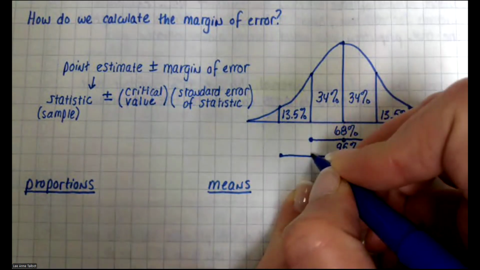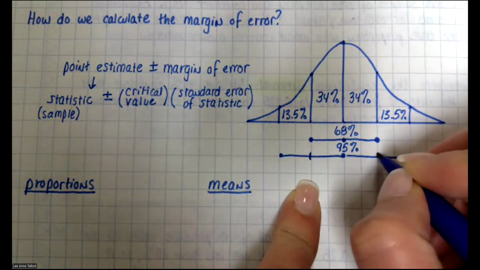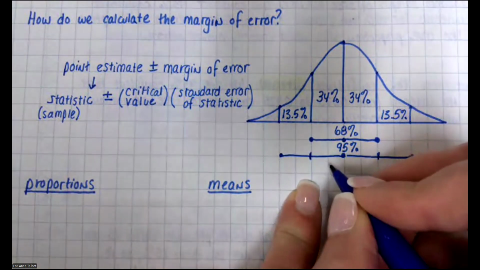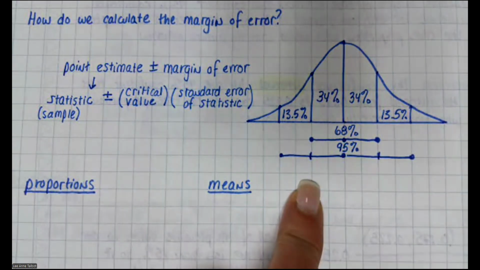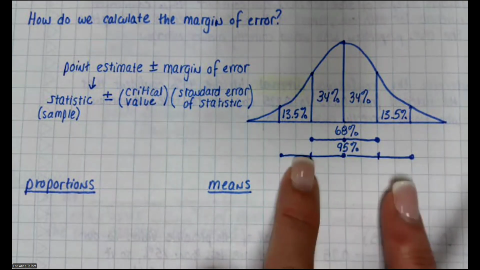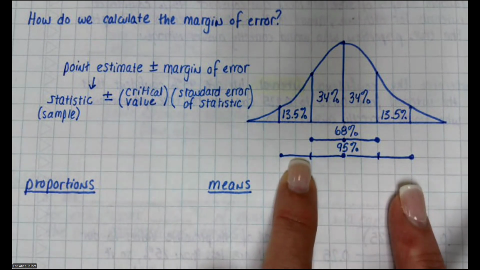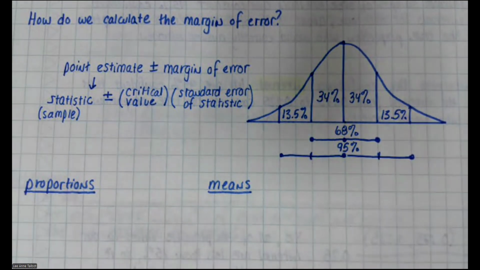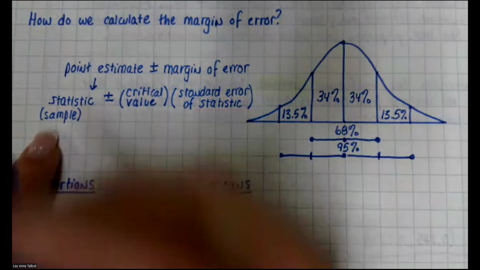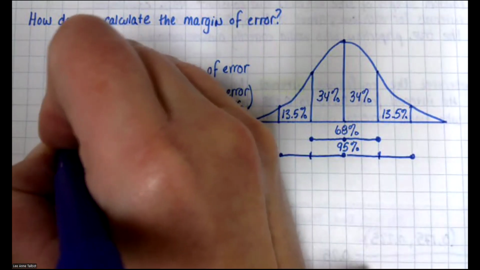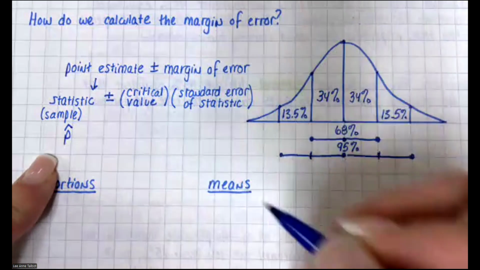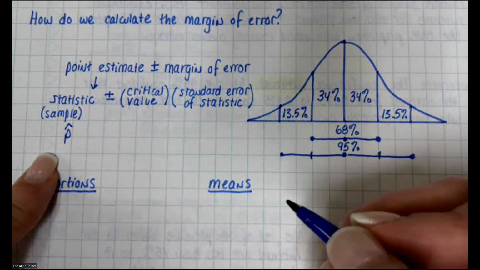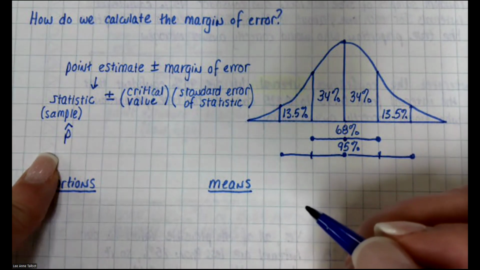If it helps you, you might want to put little marks here to show that there's like two jumps on either side. So this guy would be a critical value of 2. Just means you're going 2 out. This one means you're going 1 out. Now the statistic in our chapter is going to be p hat most of the time. In a different chapter, it will not be p hat, but in this chapter, it will be p hat.